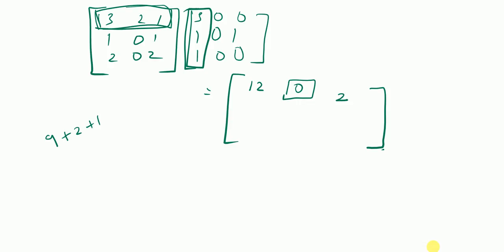Yeah, and for the second row, first column element of the resultant matrix, it is 3 plus 1, 4. And this is 0 again, and this is again 0, and this again is 2.